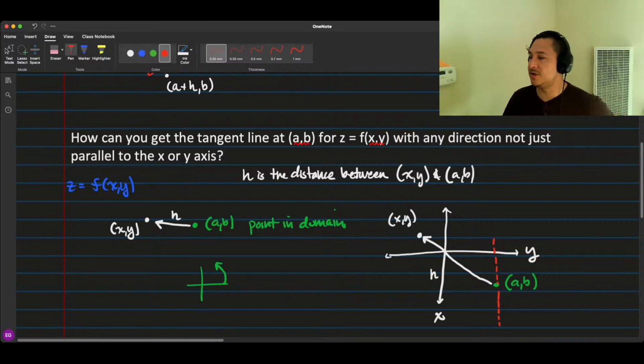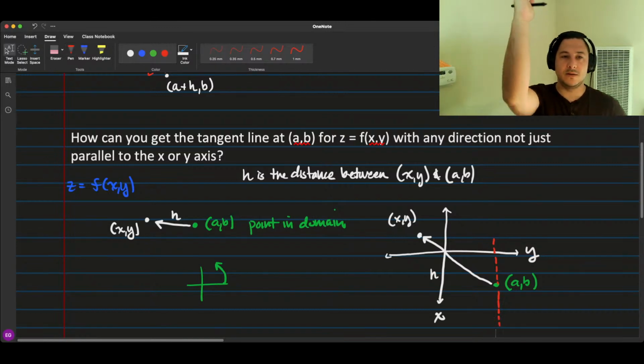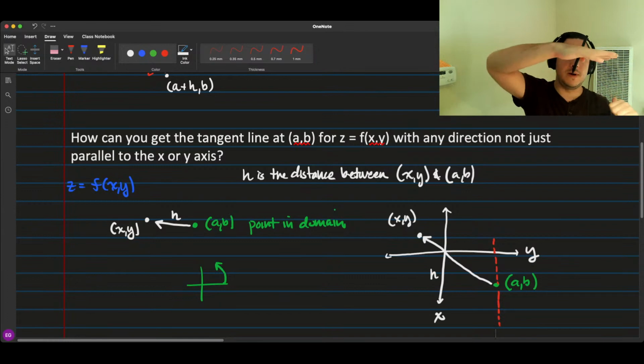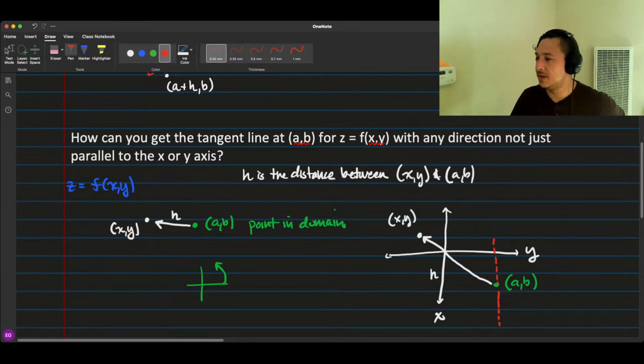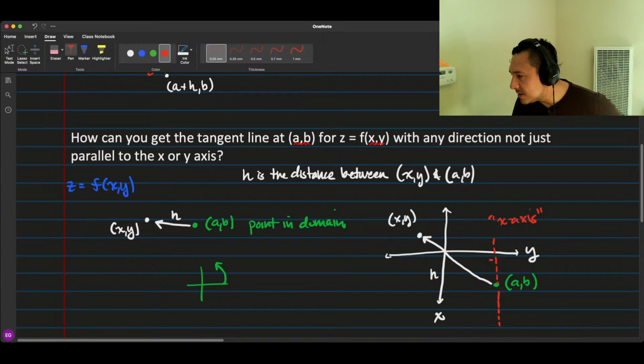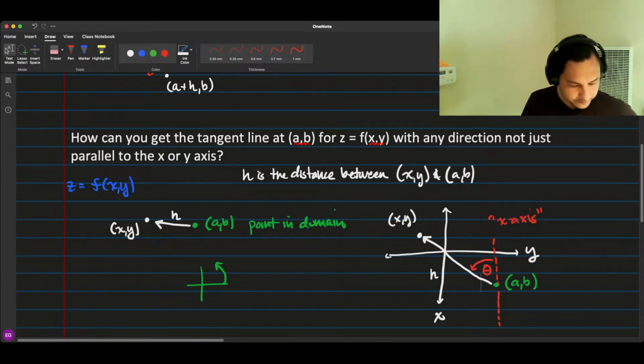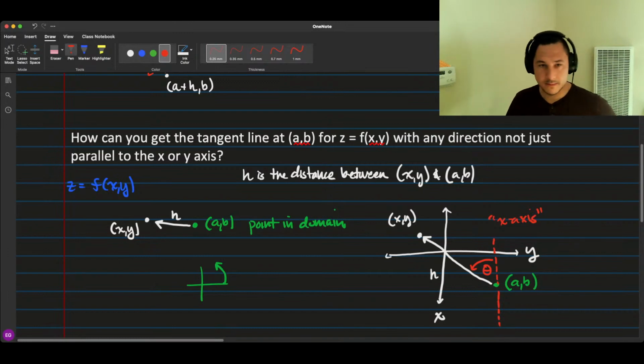Do you see how I have it drawn? The x-axis looks like it's vertical, and the y-axis looks like it's horizontal. So here's my quote-unquote x-axis. And we're going to measure this angle right here, which is going to be theta.